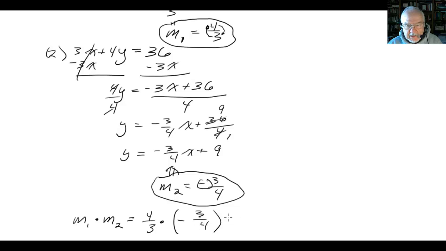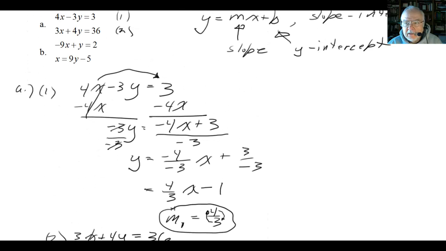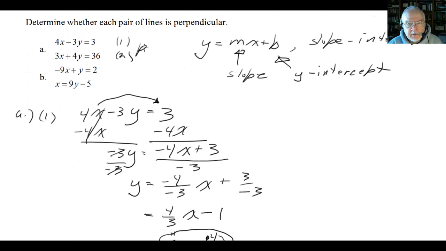Well, it's a minus times a plus, so we're going to get a minus for an answer. This 3 cancels that 3, and technically becomes 1. This 4 cancels that 4, that becomes 1. 1 times 1 is 1. And sure enough, it fits the requirement. So since the two slopes, when I multiply them together, give me -1, or in other words, the two slopes are negative reciprocals, then the original two equations are perpendicular.